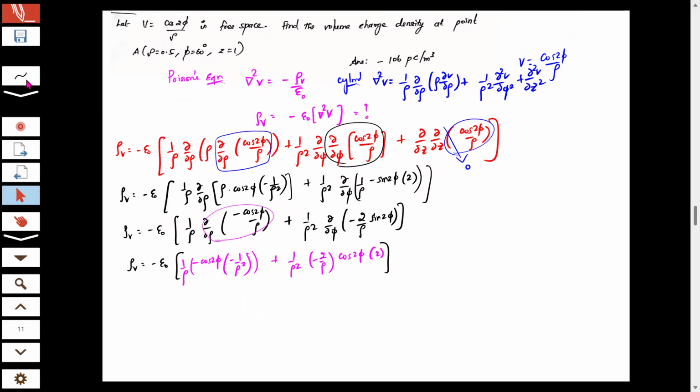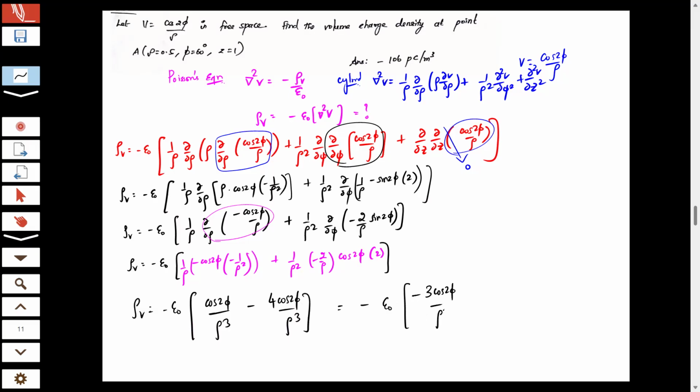Now this rho V is minus epsilon naught into, you'll get cos 2 phi by rho cube, and here you'll get minus 4 cos 2 phi by rho cube. So which can be written as minus epsilon naught into minus 3 cos 2 phi by rho cube.